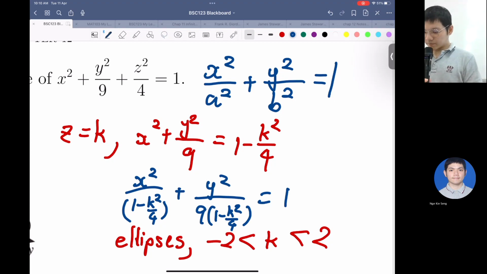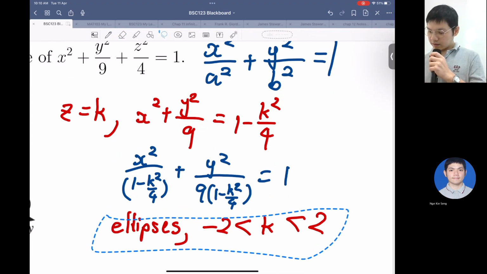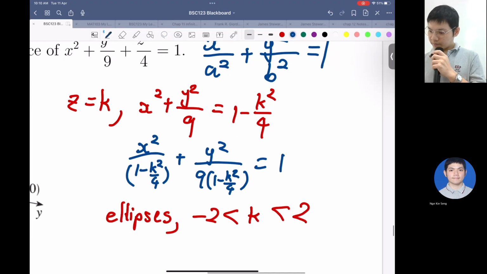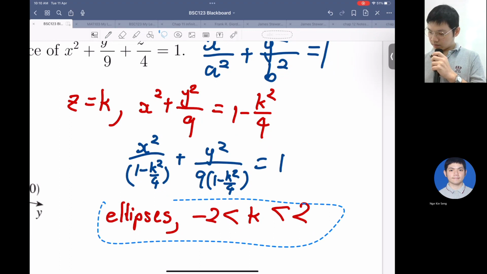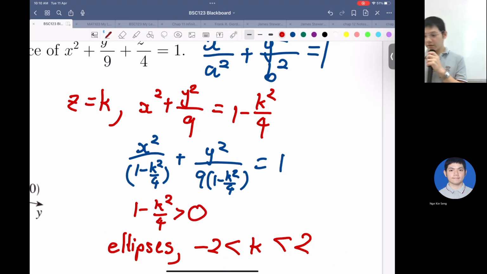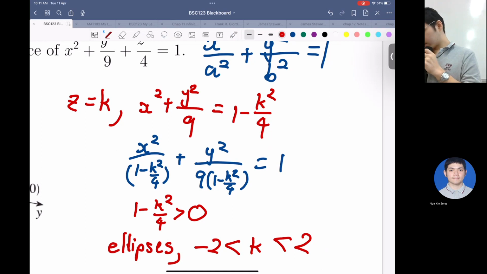So what's next is this thing has to be greater than 0. Actually 4 minus k squared has to be greater than 0, because a square is always at least 0.